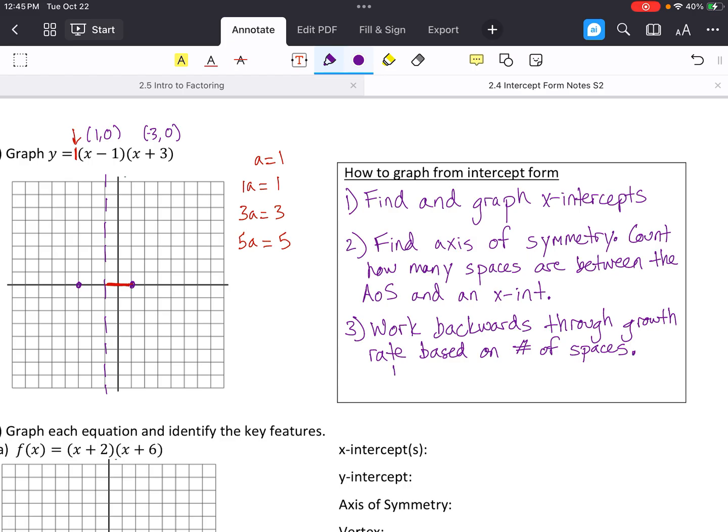So if we have 1 space, that was 1a. Each of those movements from the axis of symmetry represents one of our movements.